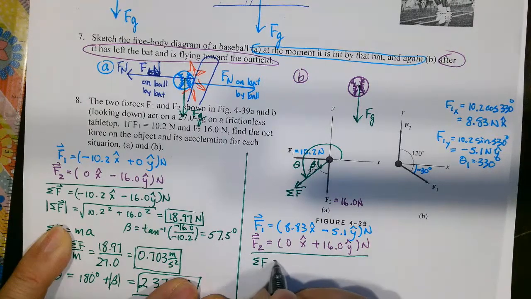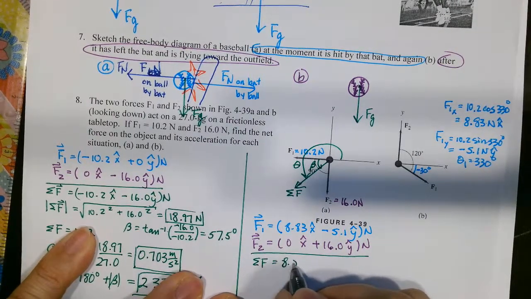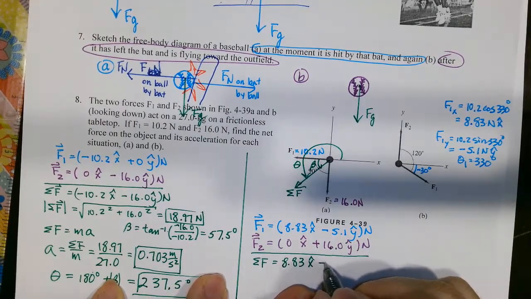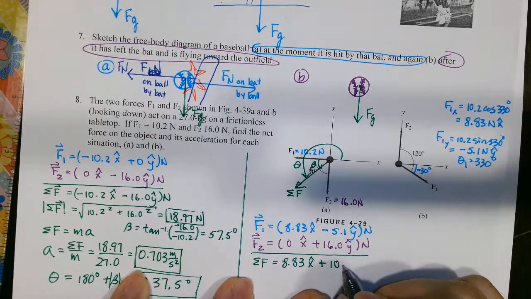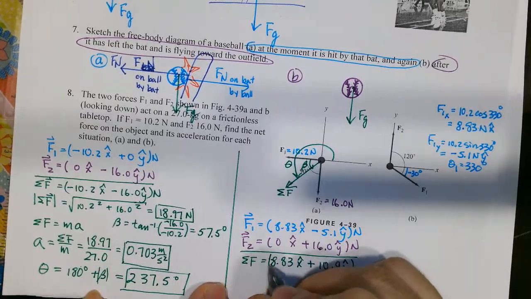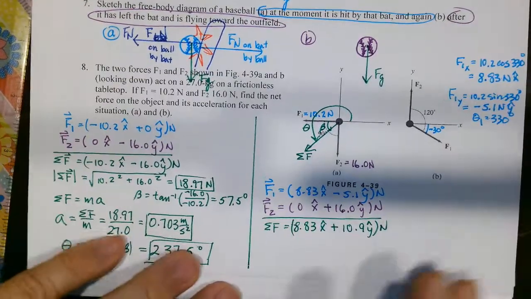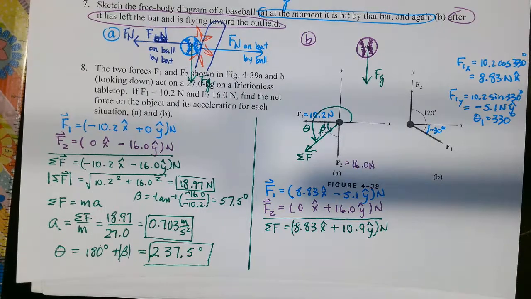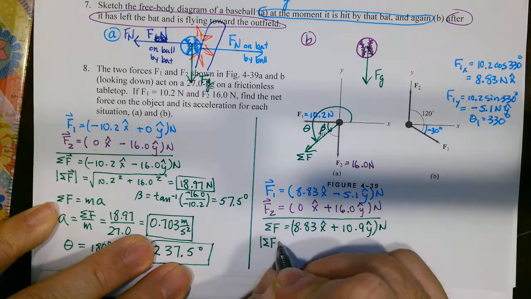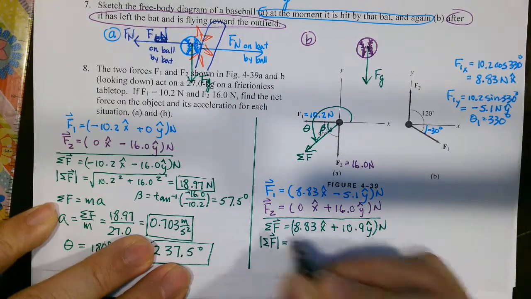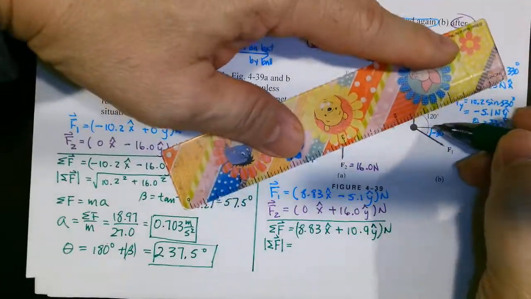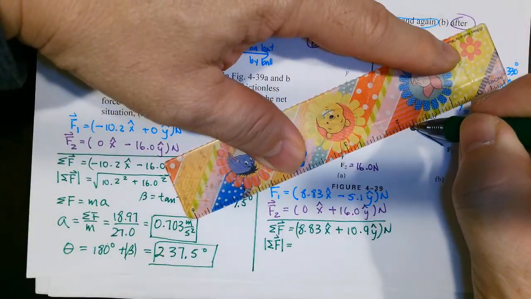Therefore, the sum of all forces comes out to 8.83 x hat plus 10.9 y hat newtons. Then we can figure out the magnitude of my net force. Somewhere like this is my net force.